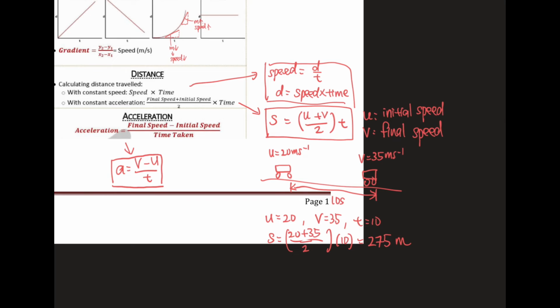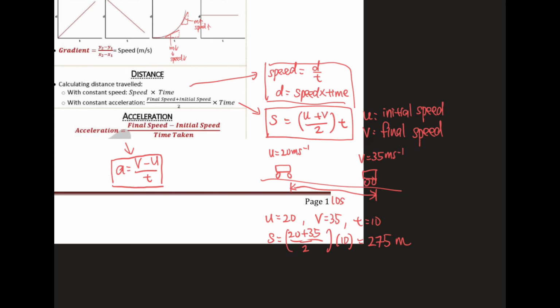So you will see the formula is written in this form normally: a equals v minus u over t. Okay, so let's say example again. This same example, I have u, I have v, I have t. I can count the acceleration.